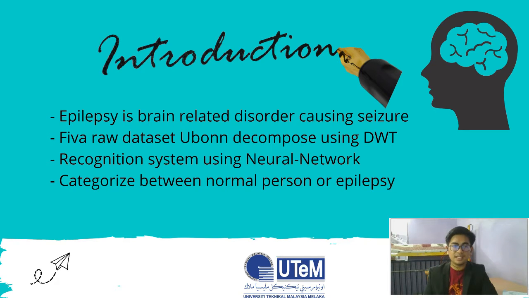Then the DWT dataset is used for training, validation, and testing by using the artificial neural network recognition system. After that, it will categorize the output data to which set it belongs, either normal or epilepsy.